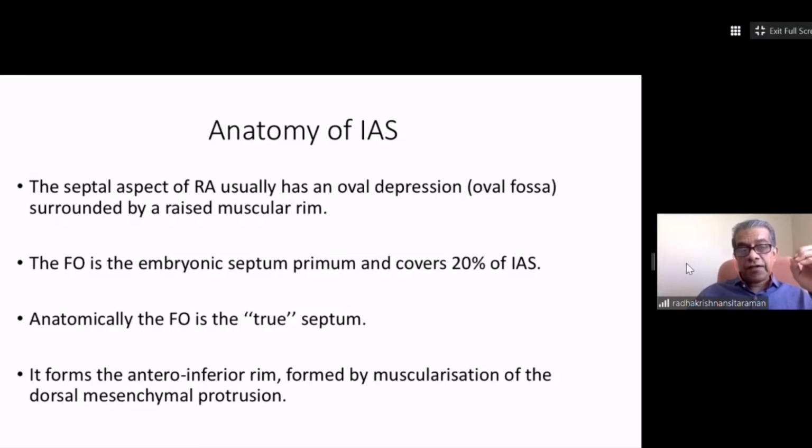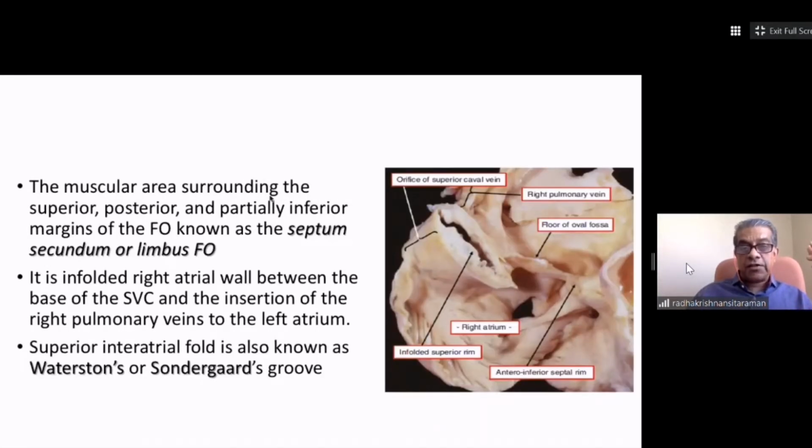The rest of it are all actually the protrusions of the muscular portions of the atria, which start superiorly from here, then go down and extend anteriorly towards the aorta and inferiorly towards the inferior vena cava. So the true portion of the atrial septum is not the whole septum, but what was originally the septum primum. That is what is known as the fossa ovalis.